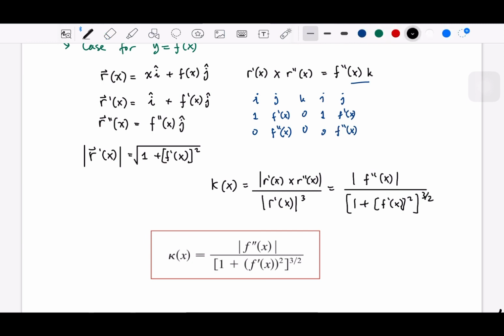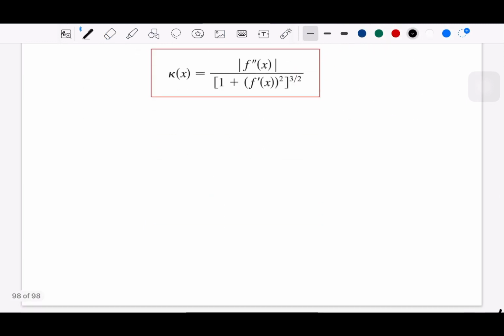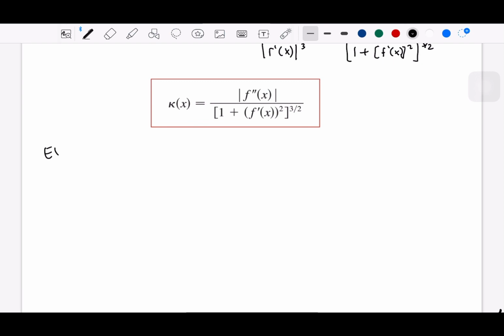So let's say the example asks us to find the curvature of the parabola y equals x squared at the points 0, 0, 1, 1, and 2, 4.